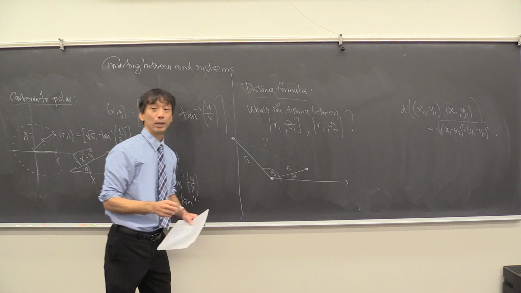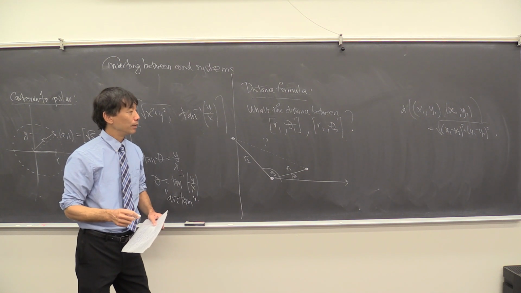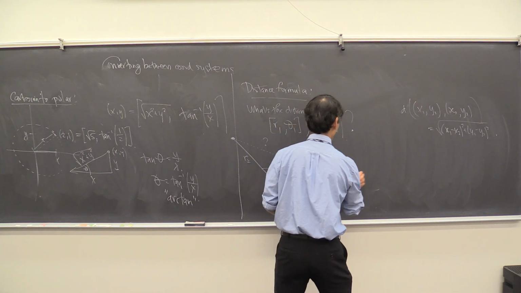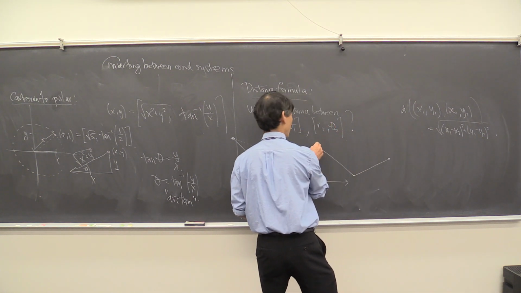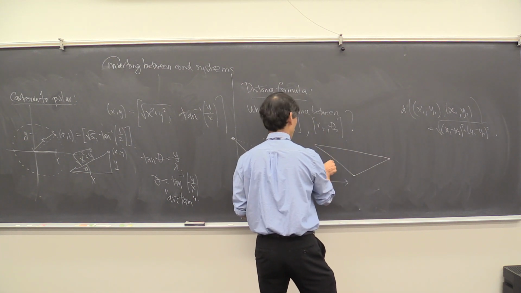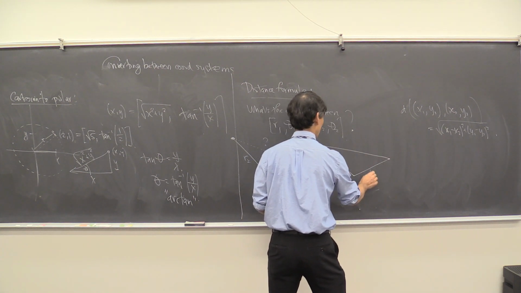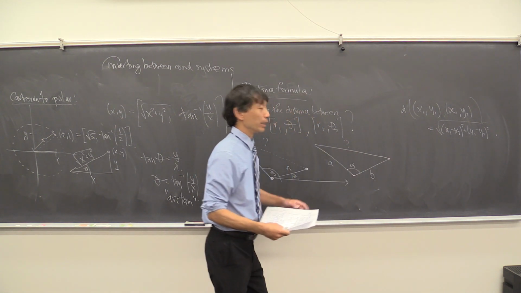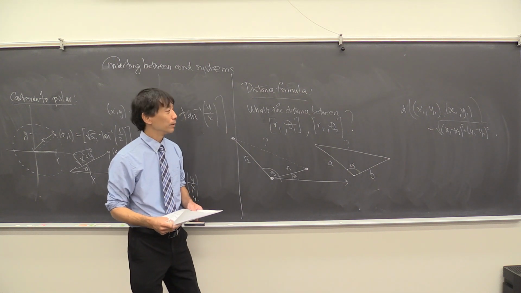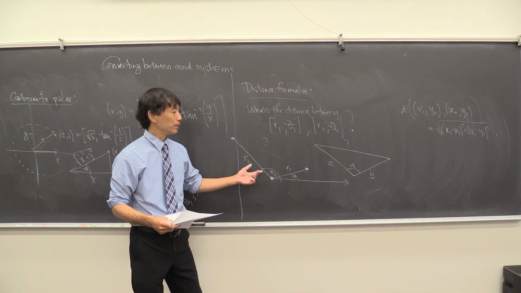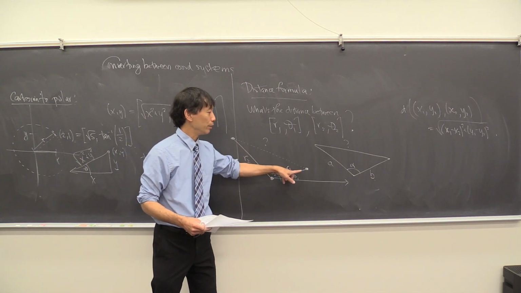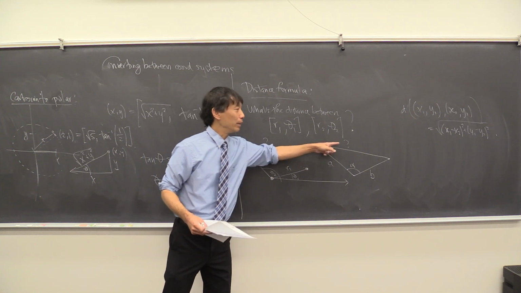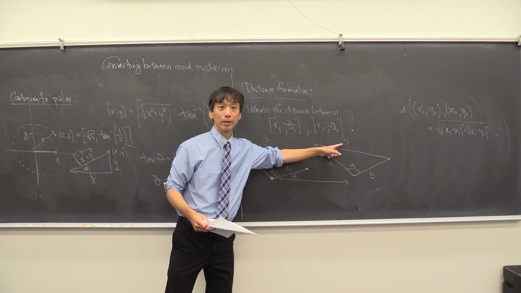Let me redraw the problem. We know one length, we know another length, we know an angle, and we're looking for this thing here. We know 2 side lengths of a triangle, and we know the angle between, and we're looking for the length of the third side.